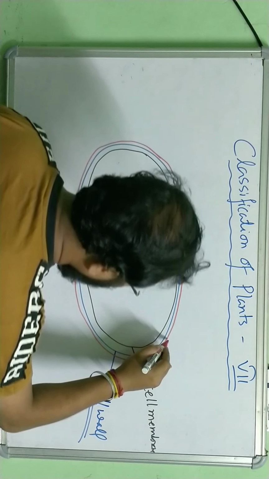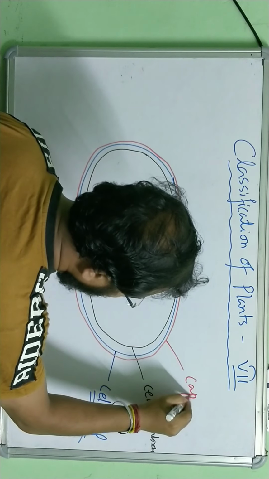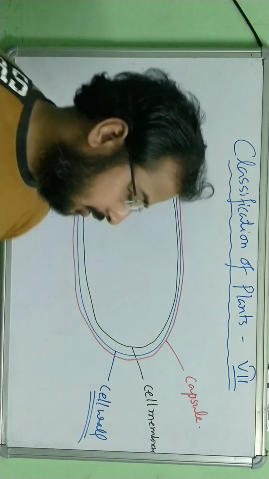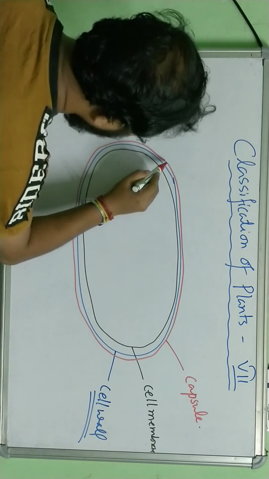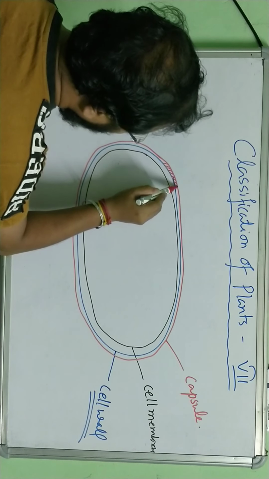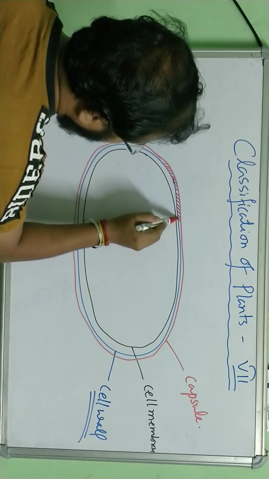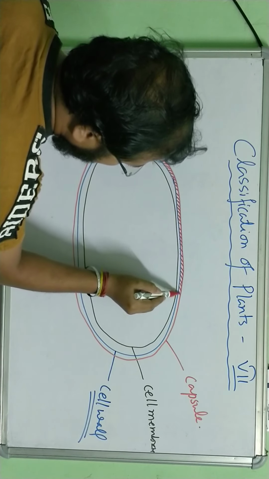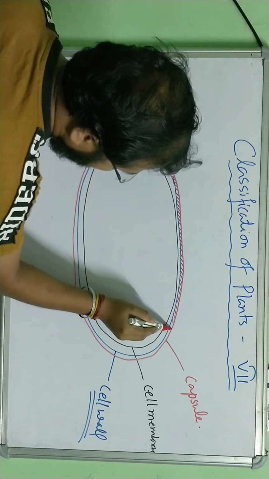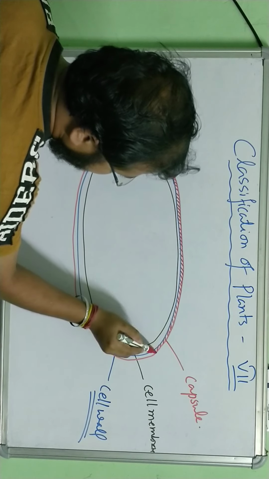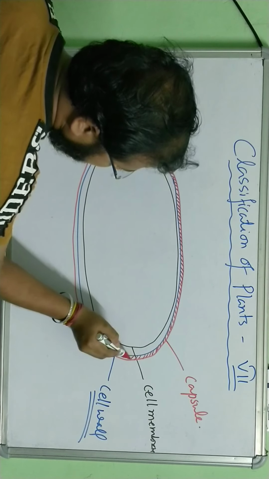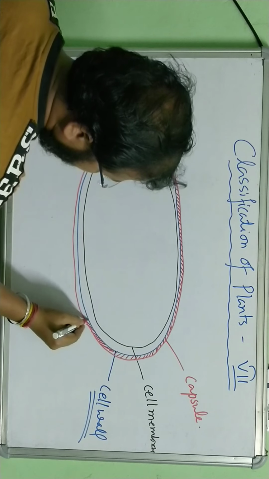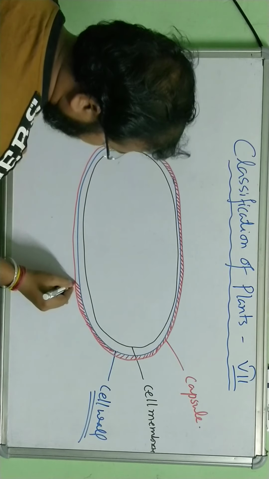This is known as the capsule. Its purpose is protection. Let me make it like this, so it will be easier for you to understand that it is not a separate layer. The outermost layer is the cell wall only, but the capsule is just a coating over it.